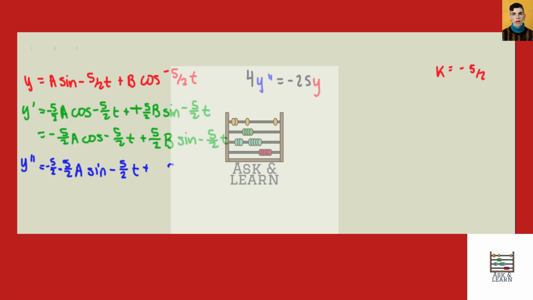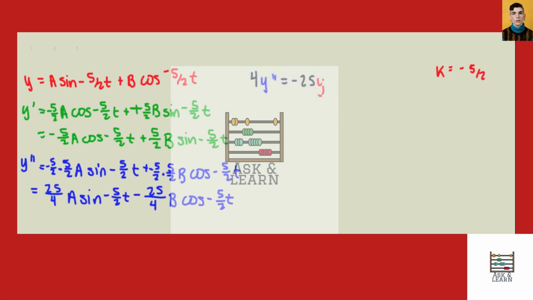So we have 5 halves b, take the derivative of the outside, that goes to cosine. Leave the inside the same, times the derivative of the inside, which is negative 5 halves. So if we simplify this, we'll get positive 25 over 4a sine negative 5 halves t minus 25 over 4b cosine negative 5 over 2t.